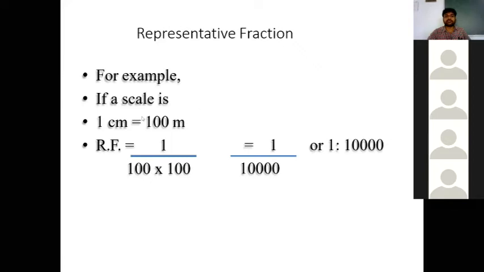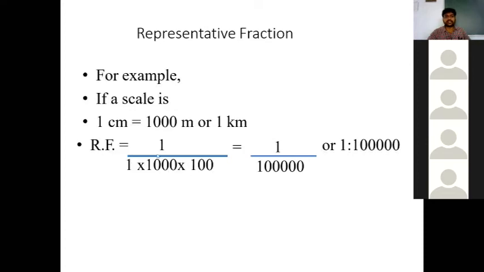Second example, 1 centimeter is equal to 100 meter, and RF is equal to 1 divided by 100 into 100. Why 100 into 100? Because 100 meter is there, into 100 because I want to convert that into centimeter. Finally you get 1 divided by 10,000, or 1 is to 10,000.